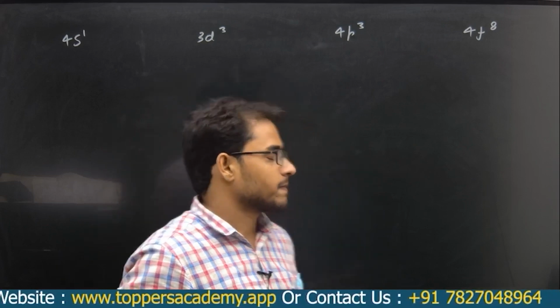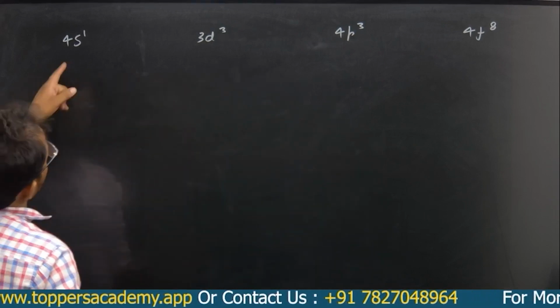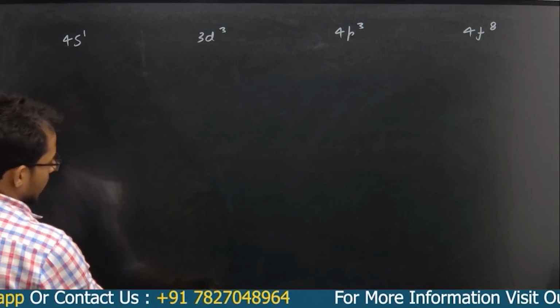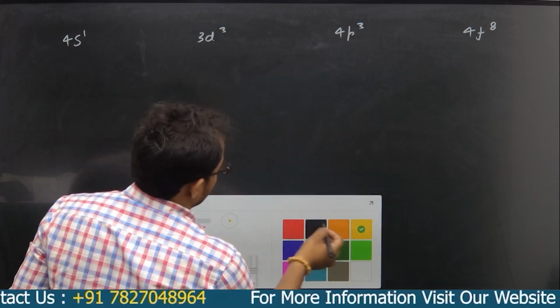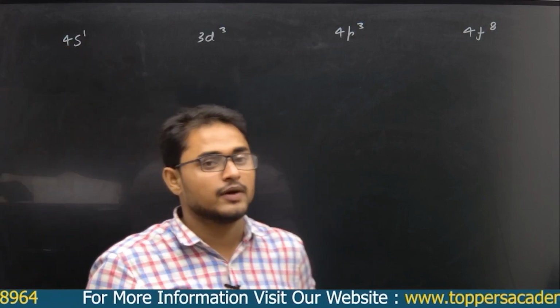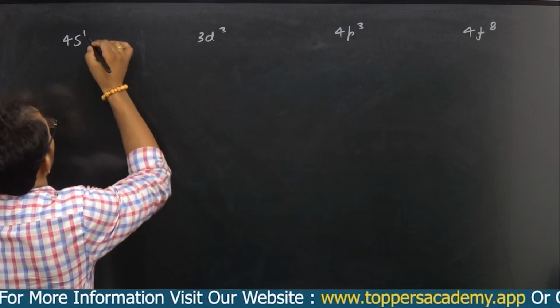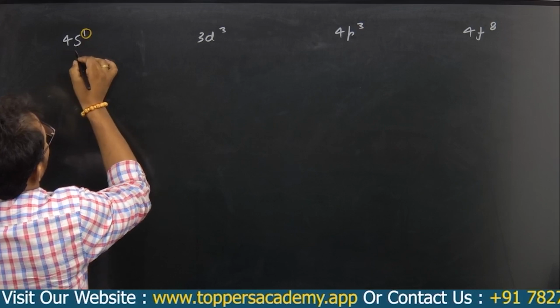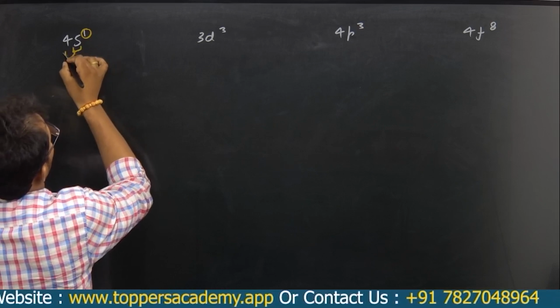So see, what is the meaning of 4s1? That means we have to calculate the value of quantum numbers for the electron which is present in the s subshell of the fourth shell.